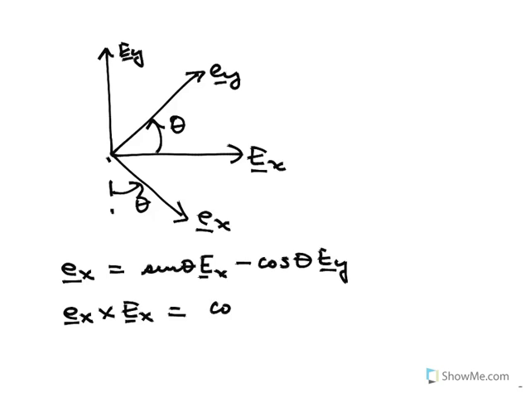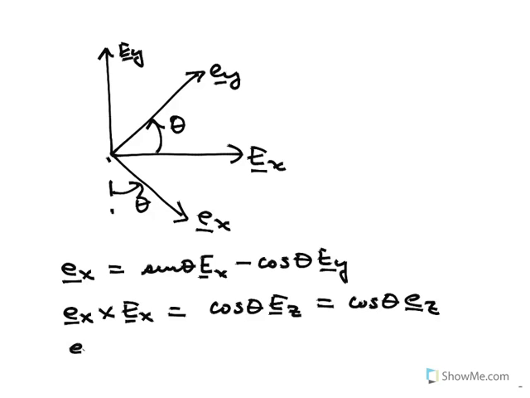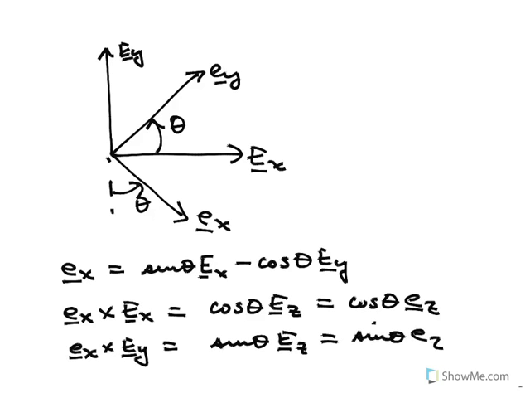We get cosine of theta times Ez, which is also equal to cosine of theta times little ez. The next one we need is Ex crossed with Ey. This is equal to sine of theta times big Ez, which is equal to the sine of theta times little ez.